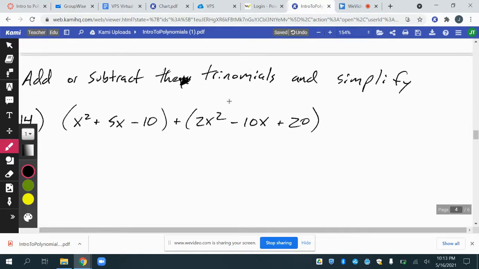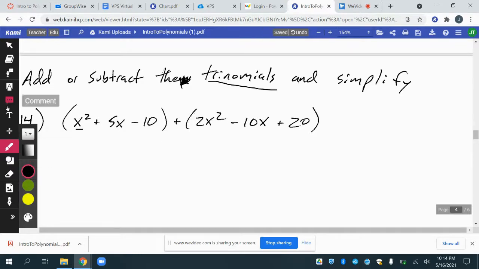All right, now we're going to do the same thing with trinomials. Another thing, x to the second power and x can't be added. You can only add x to the second power with x to the second power. So notice this has a plus, so I don't need to worry about the parentheses at all.